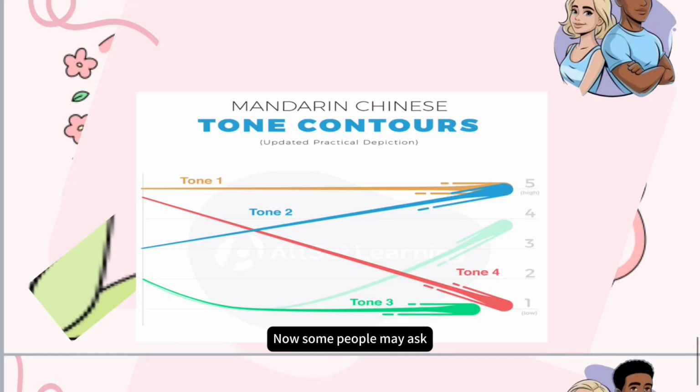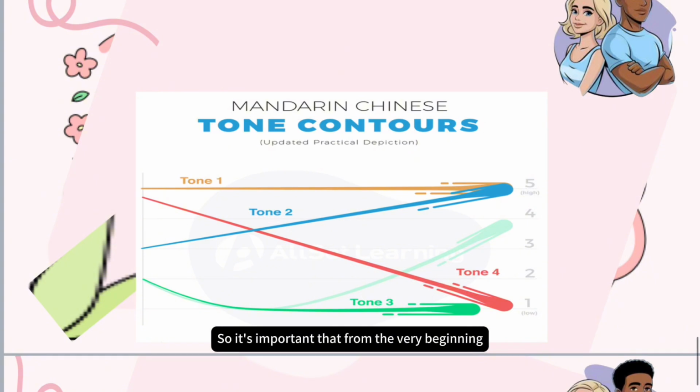Very good. Now some people may ask, why do we put so much emphasis on the slope? Some teachers simply teach it with a sharp rise, so why don't we also pronounce it like that? Well, if you learn Chinese that way, it will bring you a lot of confusion in the future because you will have challenges differentiating second tone with third tone.